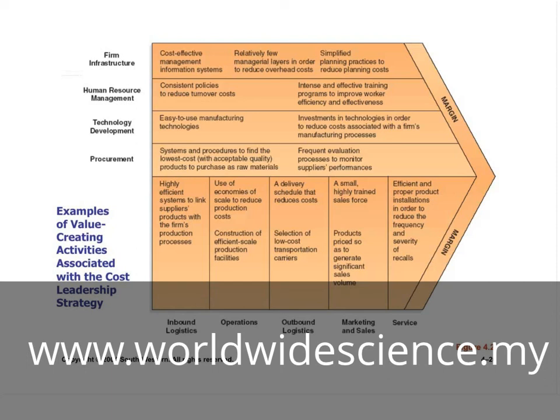So use of economies of scale to reduce production costs. We just talked about it. Construction of efficient scale production facilities. We talked about facilities, producing facilities that help or induce the operation. And then the outbound logistics.